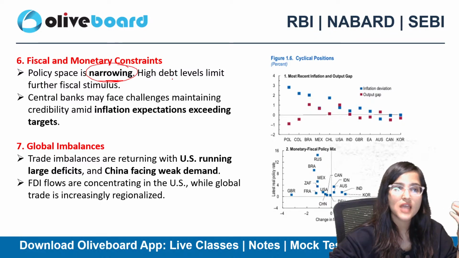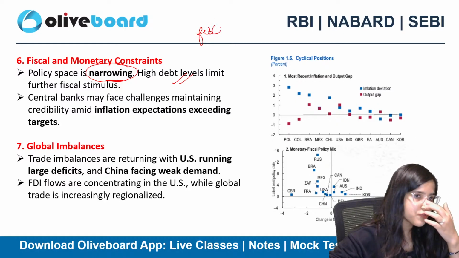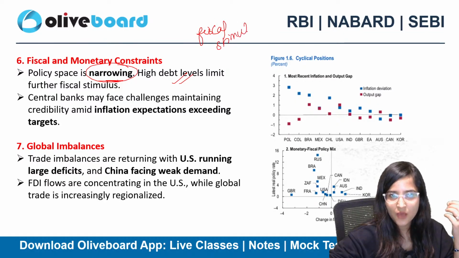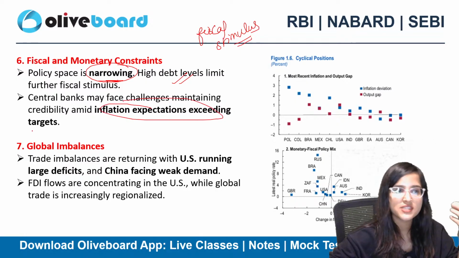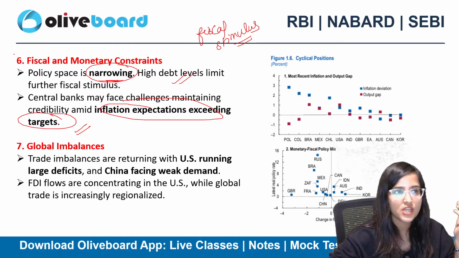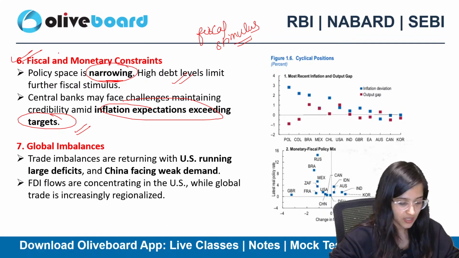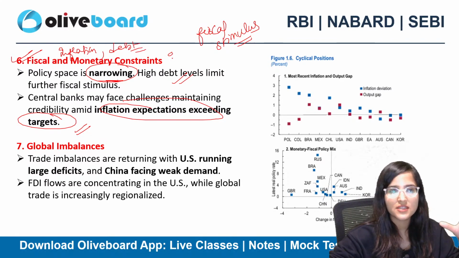That means debt levels are getting very high. That is why we are not able to bring fiscal stimulus. Why? Because debt levels are high and inflation expectations exceed the targets. Central banks may face challenges in this case. So we see challenges in fiscal and monetary policy because of inflation and high debt levels. This is at the global level.